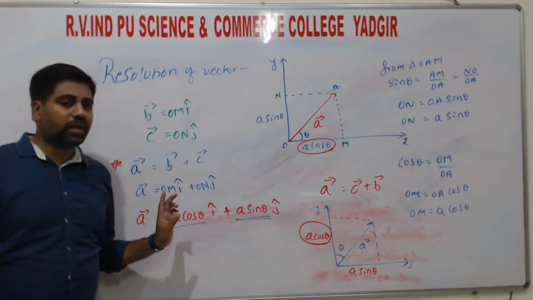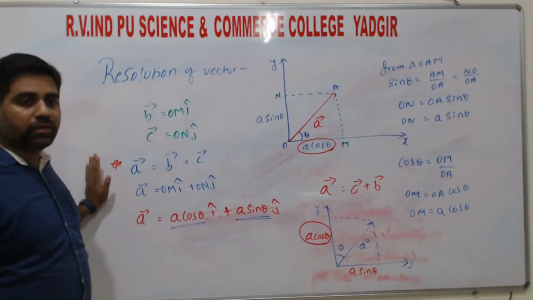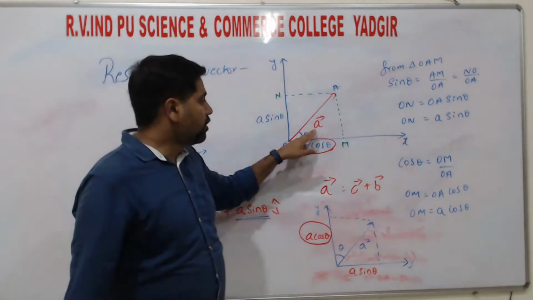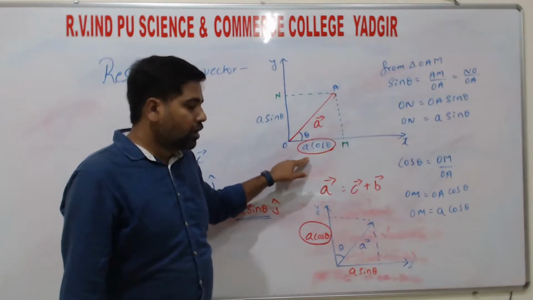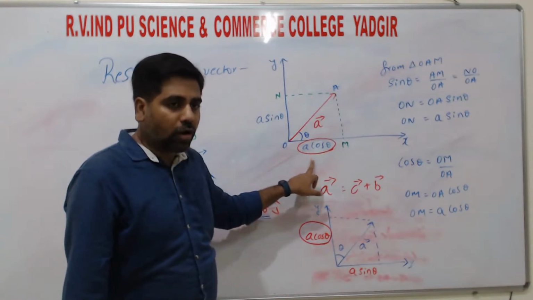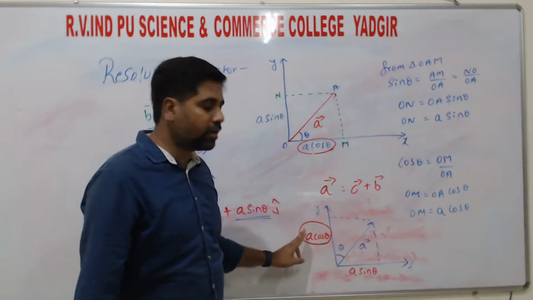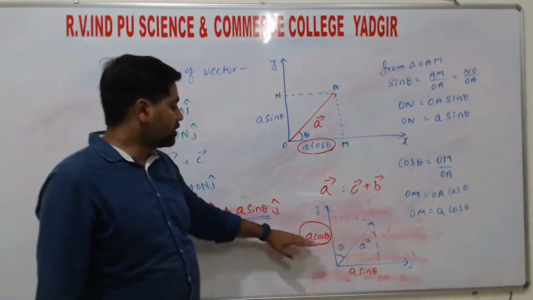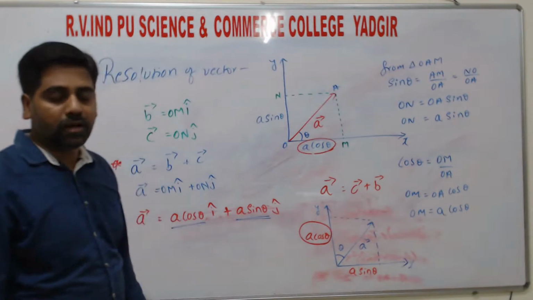So this is the important concept in vectors. The axis with which the vector is inclined gives the component with the cos theta value. So along the x-axis we have A cos theta, and here along the y-axis we have A cos theta, and opposite to that we get A sin theta.